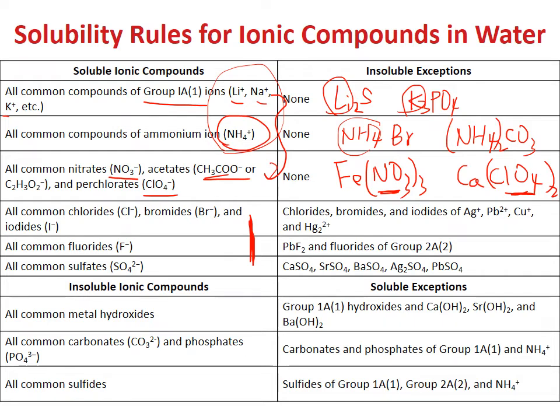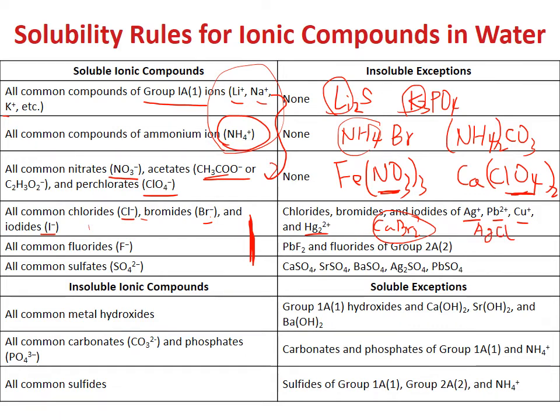So for the anions of chloride, bromide, iodide, they mostly are soluble. Exceptions are with cations silver, lead, copper, and mercury. So for example, calcium bromide. This must be soluble because all common chloride, bromide, iodide are soluble unless you have silver.